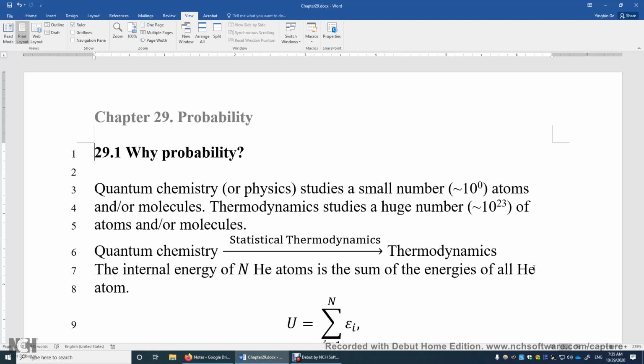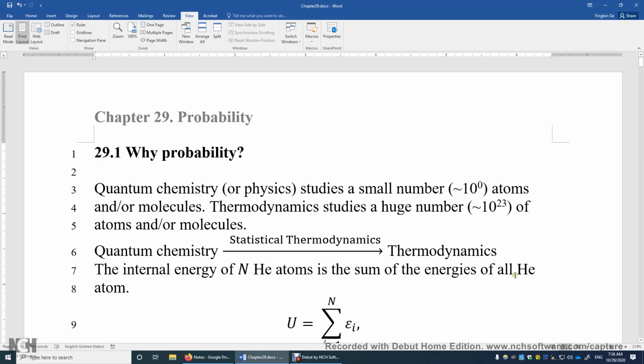Assuming the probability of these molecules occupying the lower energy level is 90%, and the higher energy level is 10%, we can simply calculate the average energy of this molecule. It's 0.9 times the energy of the lower level plus 0.1 times the energy of the higher level.